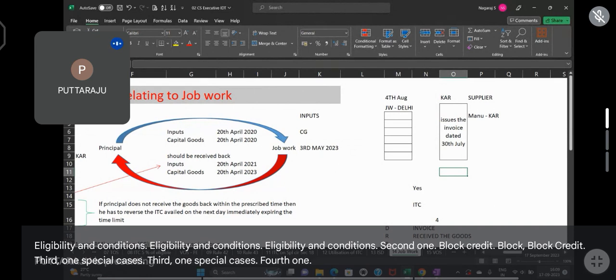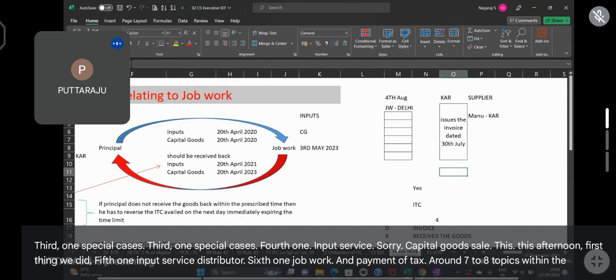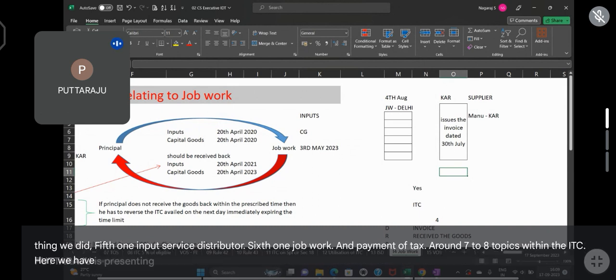Fourth one, input service, capital goods sale. This afternoon, first thing we did. Fifth one, input service distributor. Sixth one, job work and payment of tax. Around 7 to 8 topics within the ITC. Here we have completed. Okay.